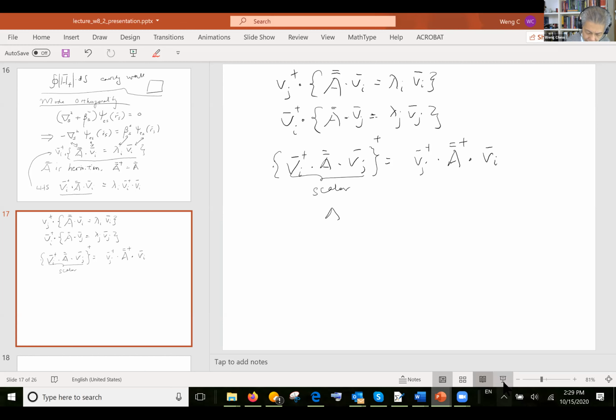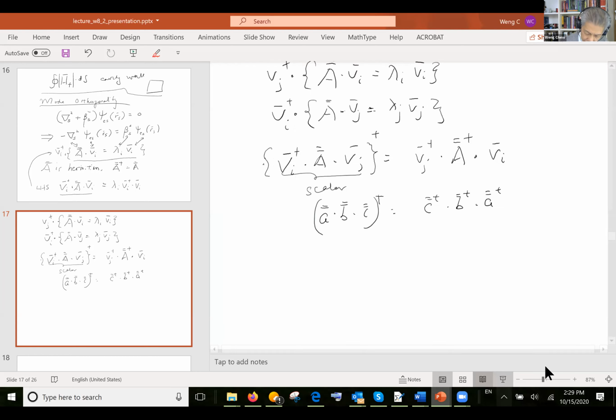In other words, if you have three matrices and you transpose them, it will be equal to this times A. And using this rule, you can prove both things quite easily, except that you have to add the conjugate transpose to things.